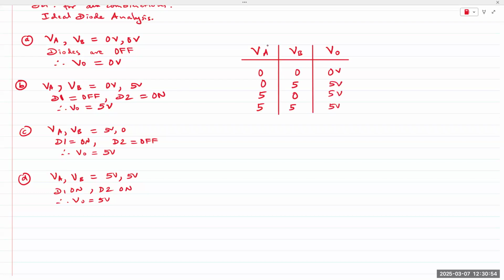Digital logic 0, logic low, would be 0 volts, or at least 0.1, 0.2 volts, depending on the design of the system. Logic high, or 1, would be plus 5 volts or plus 3.3 volts in modern digital logic circuits, but 5 volts here. So a digital logic truth table, which is zeros and ones in binary, would be 0 volts and 5 volts in circuit analysis. So you can implement an OR gate using simply 2 diodes.